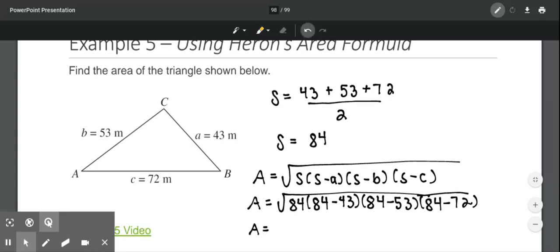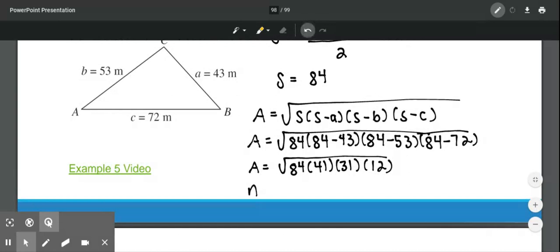So you get A equals the square root of 84 times 41 times 31 times 12, so A equals the square root of 1,281,168. And if you take the square root of that, we get that the area of this triangle is 1,131.9 meters squared.